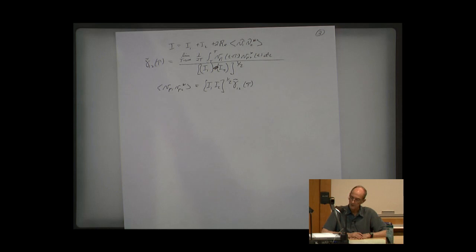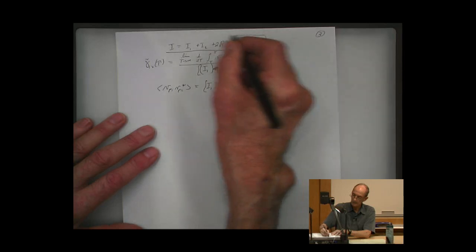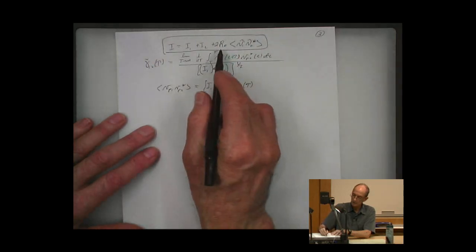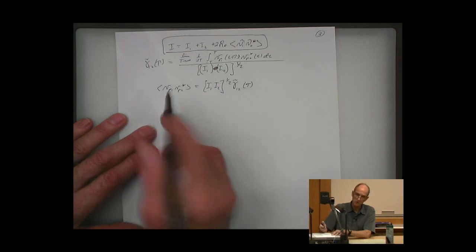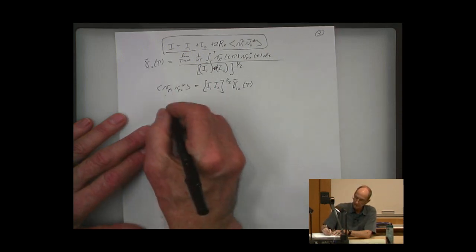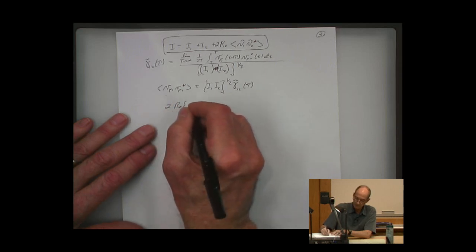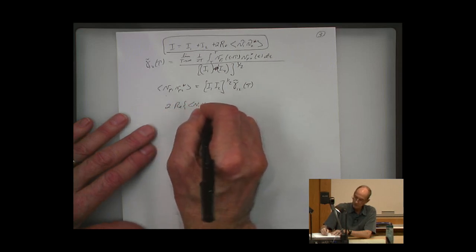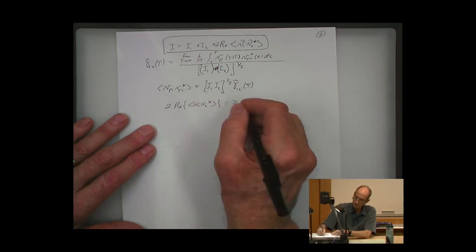In relating this to our fringes, what we want is this term. So we need to take the real part of this and multiply it by 2. We'd have 2 times the real part of V1, V2 star equals 2 I1, I2 to the 1/2.